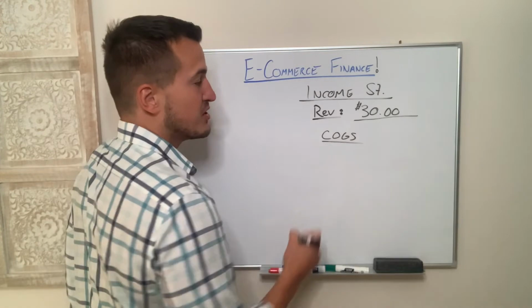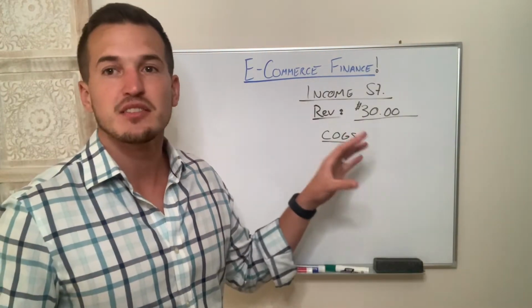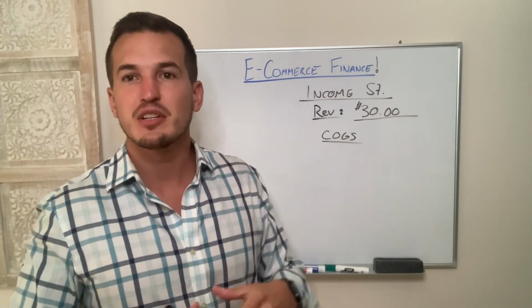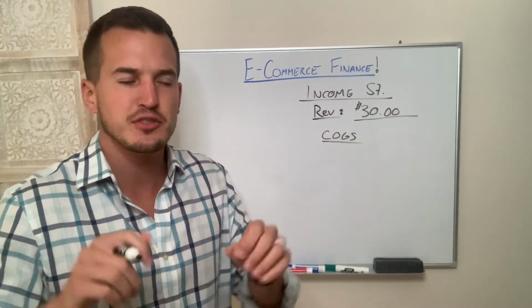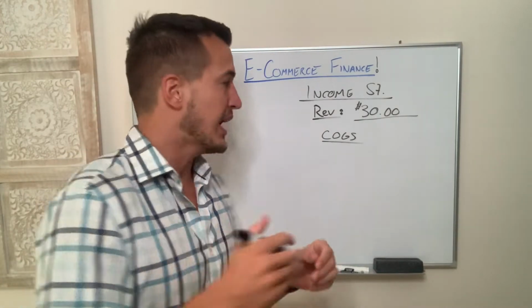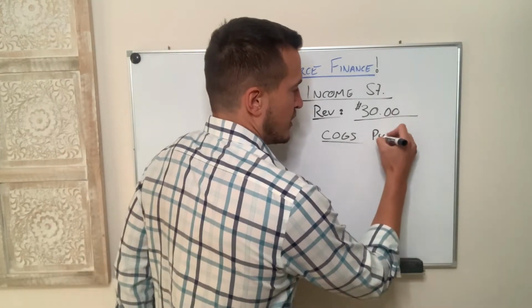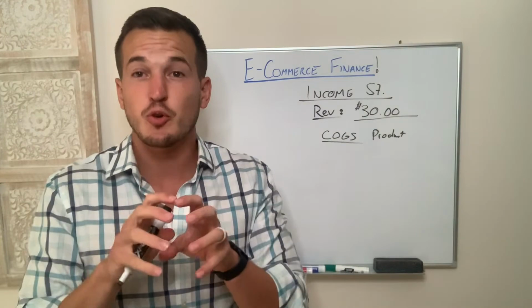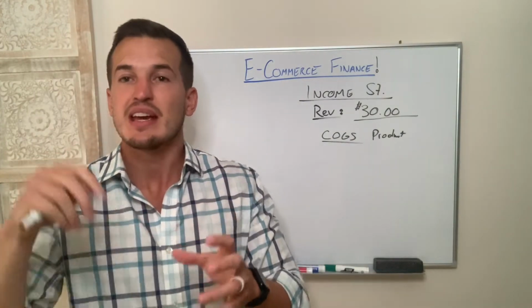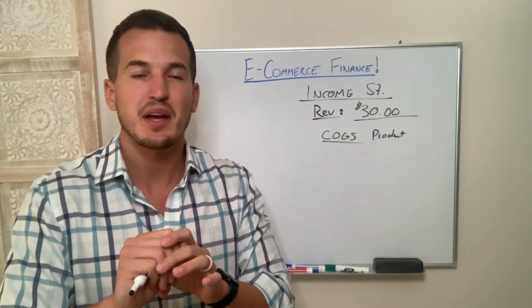So what goes into the COGS? This is simply your cost of the actual product on a per unit basis. So everything all in, that is going to be your actual product, the packaging, any labeling that needs to be on that product.